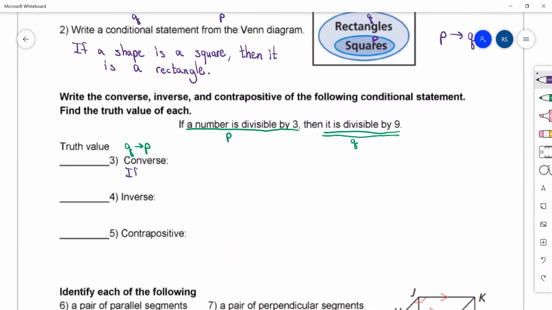If a number is divisible by 9, remember we want Q first, then it is divisible by 3. So that's the converse.